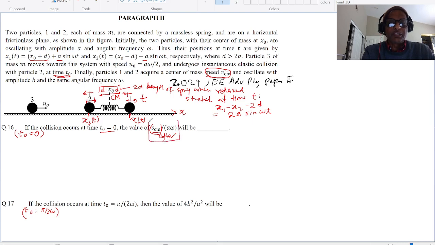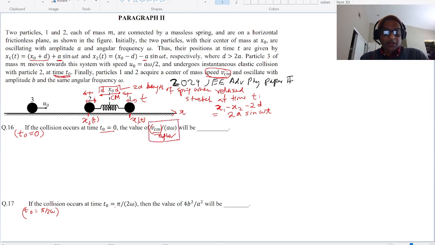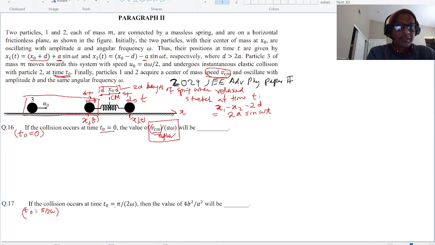Now the question is, what is the value of this? It's supposed to be an elastic collision, so we need to figure out just the collision between these two at instant t equal to 0. Now we just have a before. This is number 3 and number 2. This one's velocity is u0, and I have to figure out the velocity of the other.